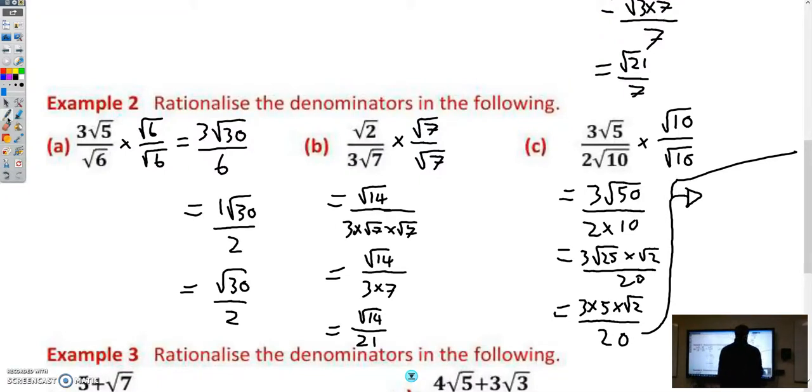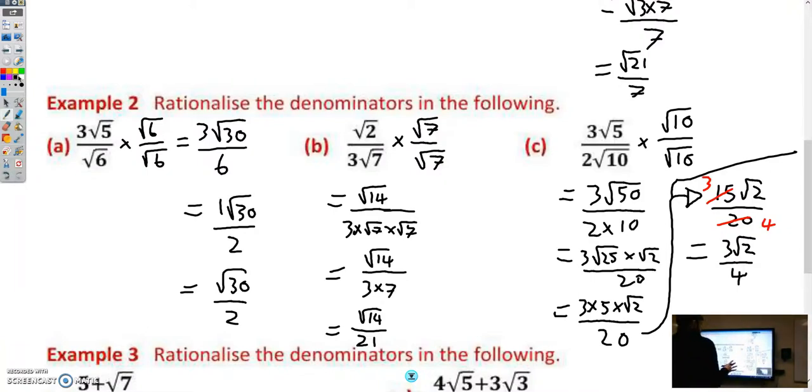Alright, so 3 times 5 is going to give us 15 root 2 over 20. And now we can simplify. 5 goes both into 15 and 20, so this will become 3, and this will become 4. We will end up with a final answer of 3 root 2 divided by 4.